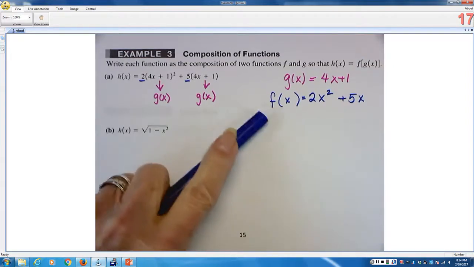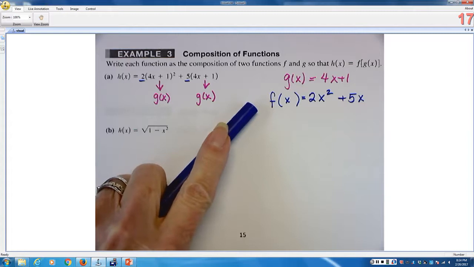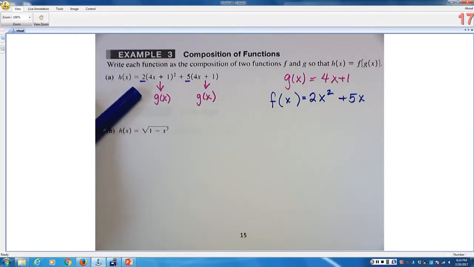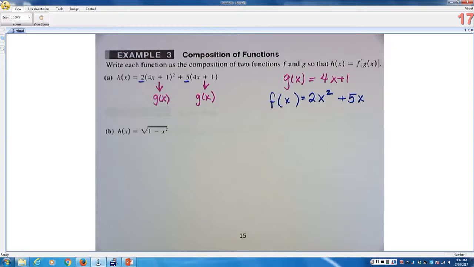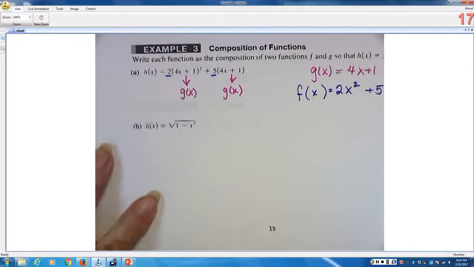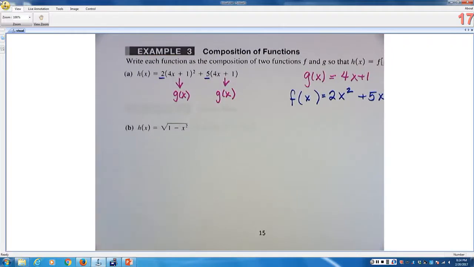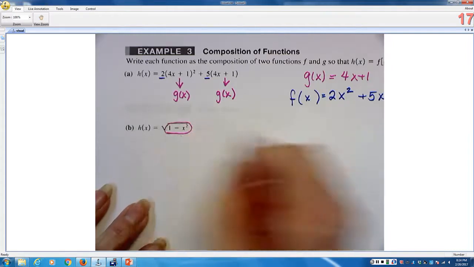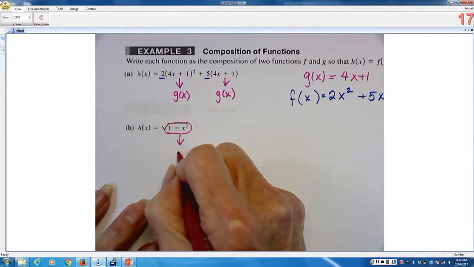This is the part that's most important to be able to do, because what you're going to be given is something like this and asked to figure out what the other two functions are that were used to create that. That's what the calculus is going to require you to do. Since this is the most inside of everything, this would be g of x.